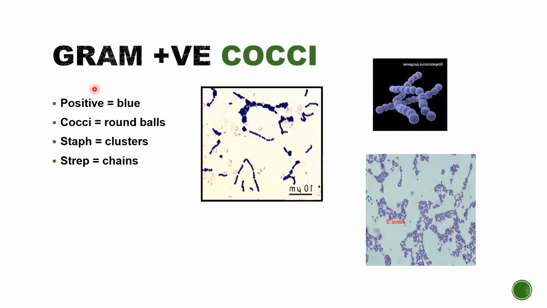Now, remember we said PB is the mnemonic, so positive blue, peanut butter. So if it's gram-positive, it's going to appear blue on gram stain. So all of these that you see here are gram-positive. Even if you see something that's purplish, always go with gram-positive.